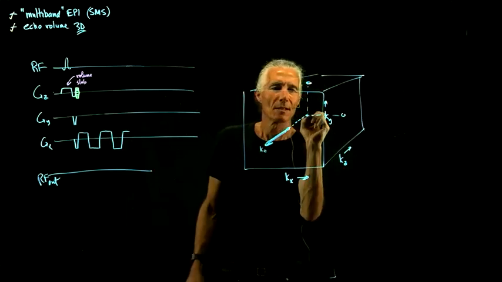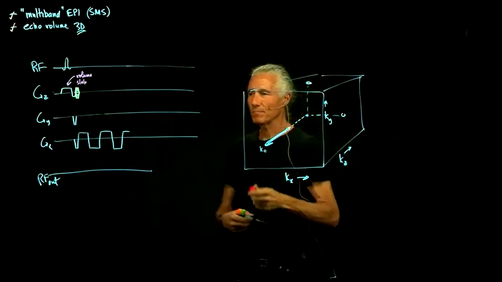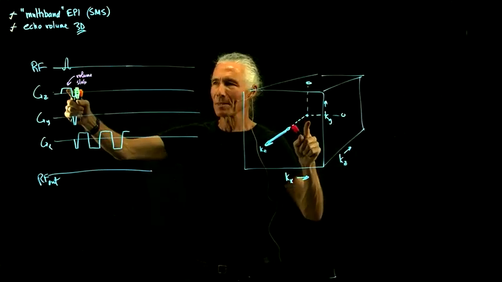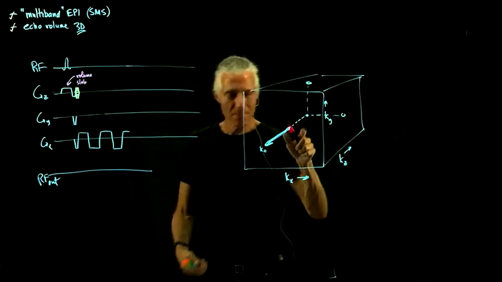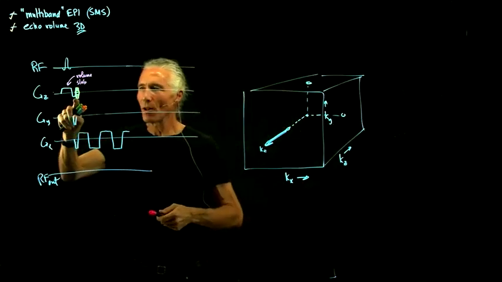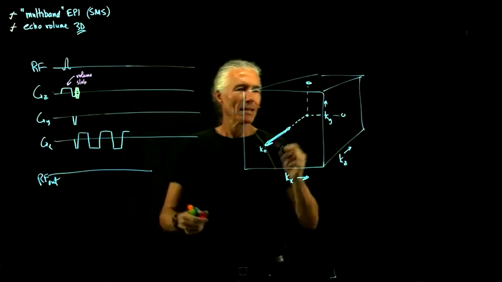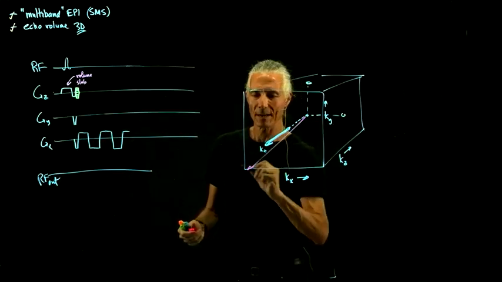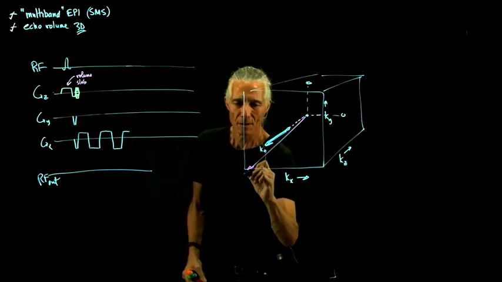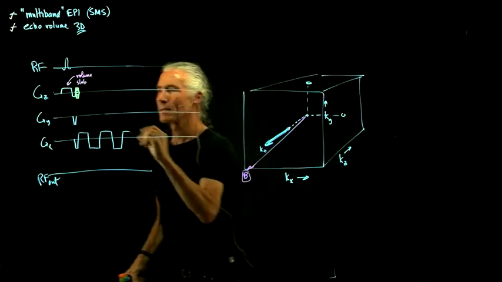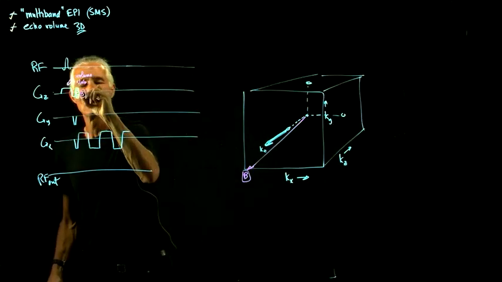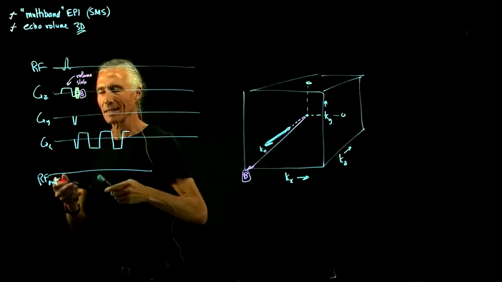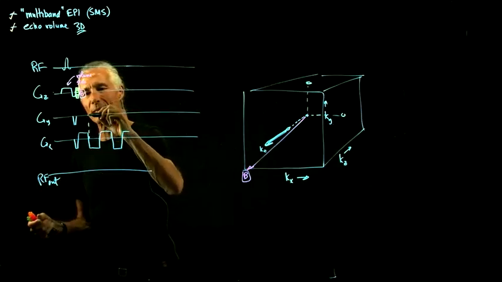So there's the middle. What we do is an RF pulse, and the RF pulse pops us to the middle, and then we turn on all three gradients, and that will move us from the middle to the corner of k-space like that. So that's point B. And then we go through k-space and collect a whole plane of k-space. Here's the blips.